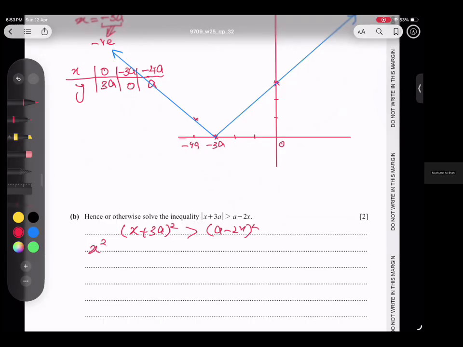First term square plus 6ax plus 9a square. First term square, negative 4ax and plus 4x square. I bring all values to the left side. I got negative 3x square, positive 10ax, and plus 8a square, more than 0.